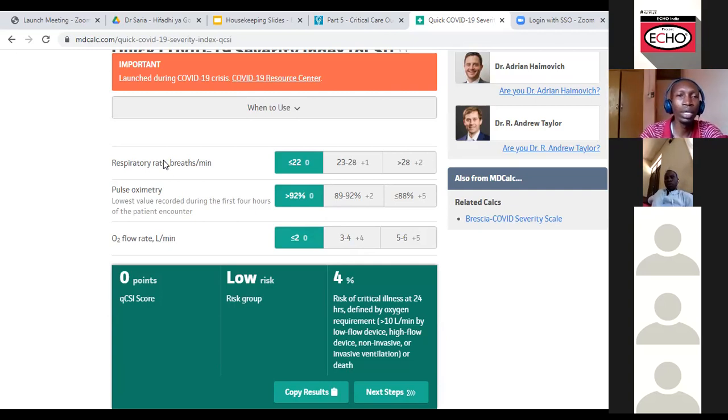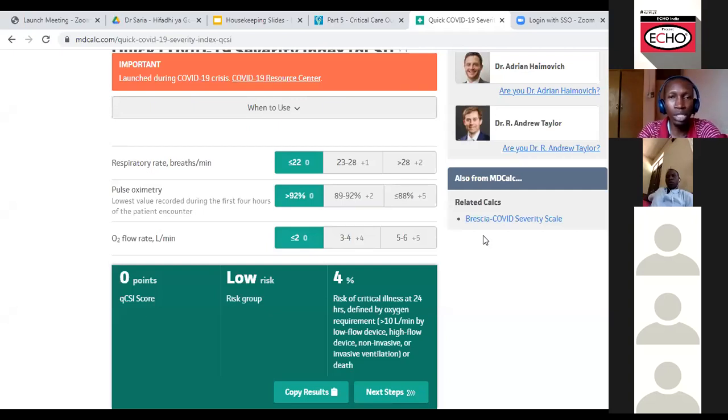Then the third parameter is how much oxygen they need in liters per minute. So you will totalize according to what is being given. Somebody is on 10 liters per minute, SpO2 is maybe 90 or 75, respiratory rate 30.